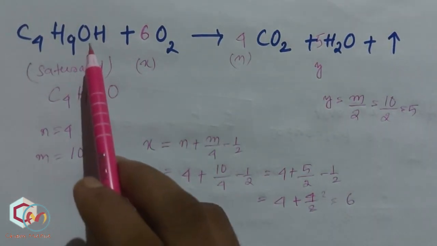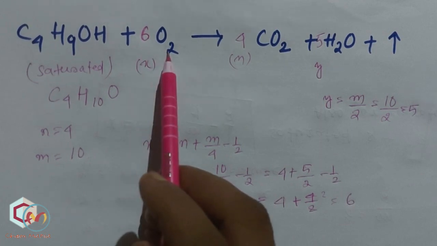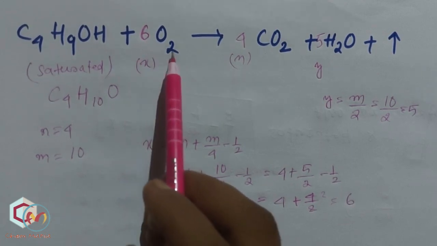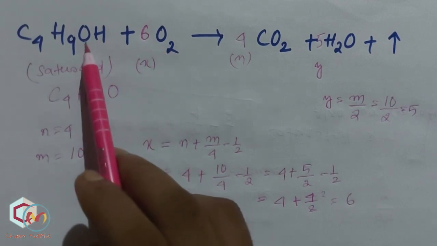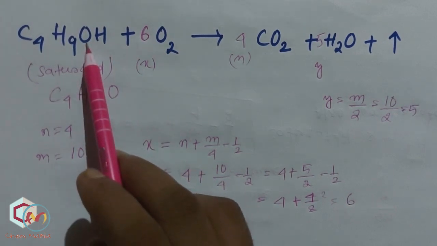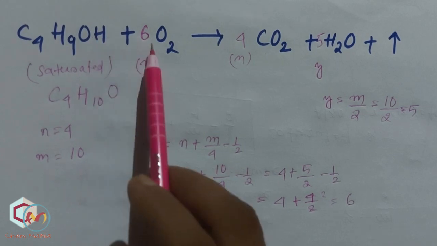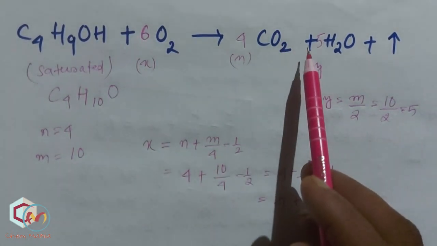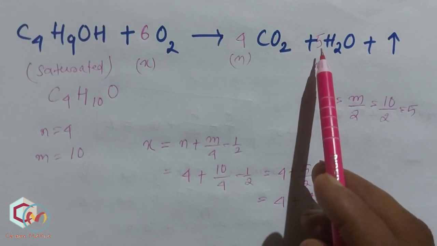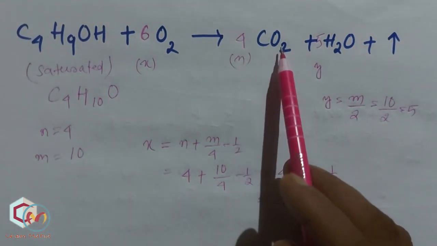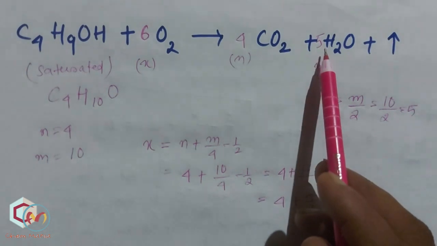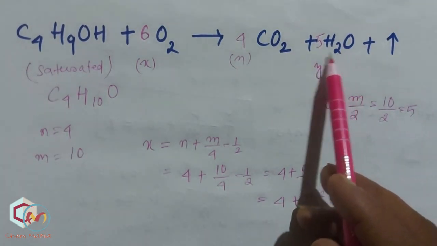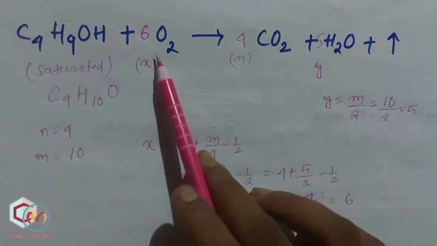And on the reactant side, 6 into 2, that is 12, plus 1, total 13 oxygen atoms on the reactant side. The product side will also be equal to 13, that is 4 into 2, that is 8, plus 5 oxygen, 8 plus 5 is 13. So on the product side also 13, on the reactant side also 13.